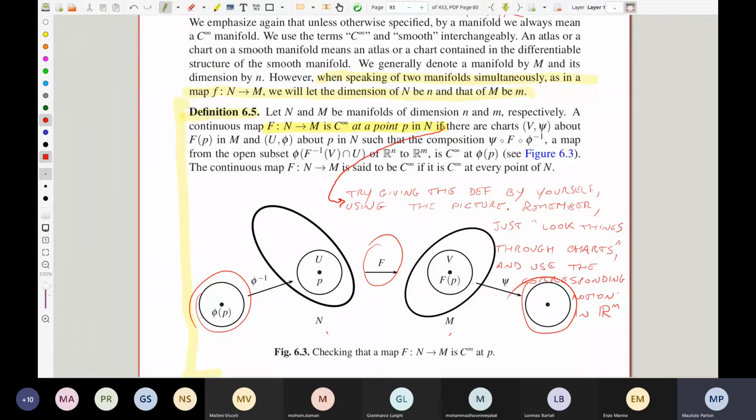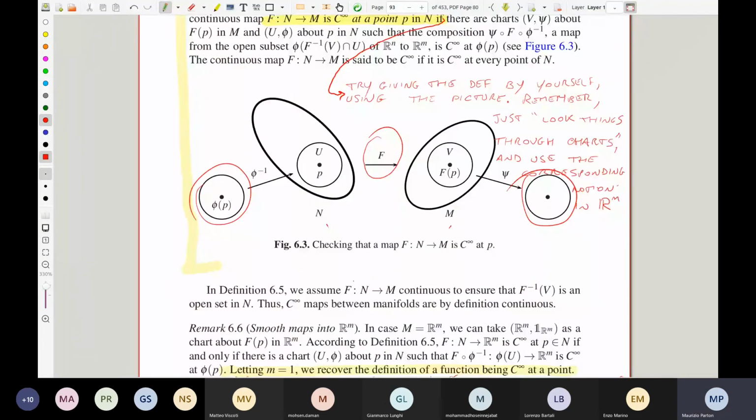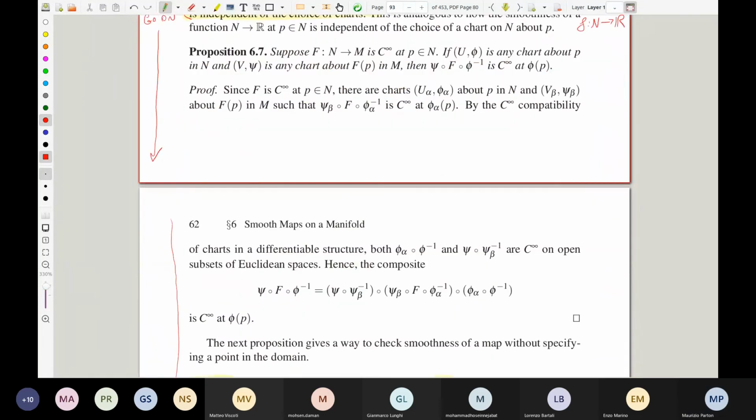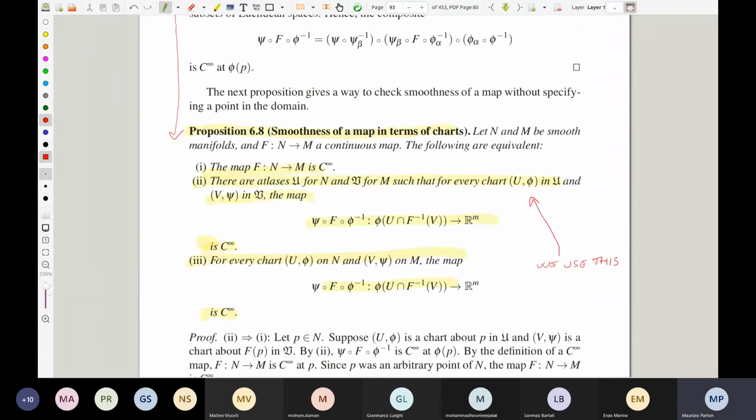Nothing more. And this definition is well posed. It's a good definition. It works. And this is the same as before. The map is C-infinity if there are atlases for the domain and the codomain such that the map is smooth, or for every chart in the maximal atlases on the domain and on the codomain, the map is smooth.